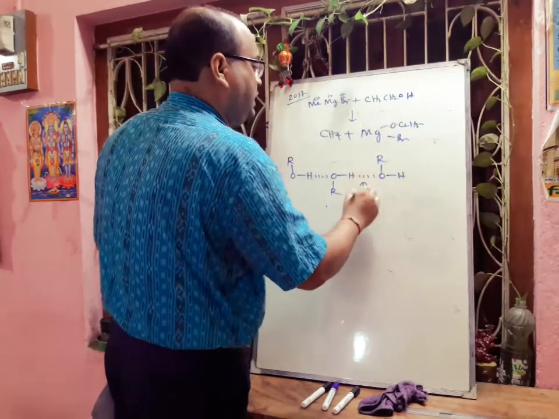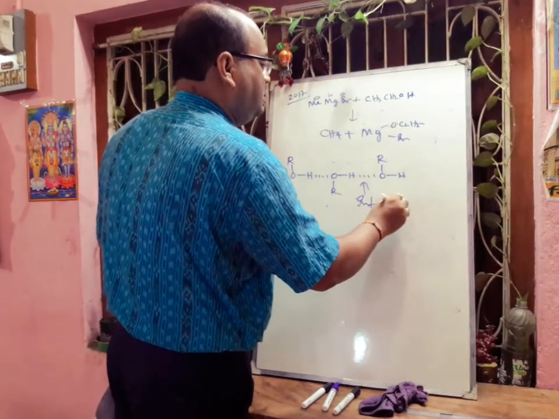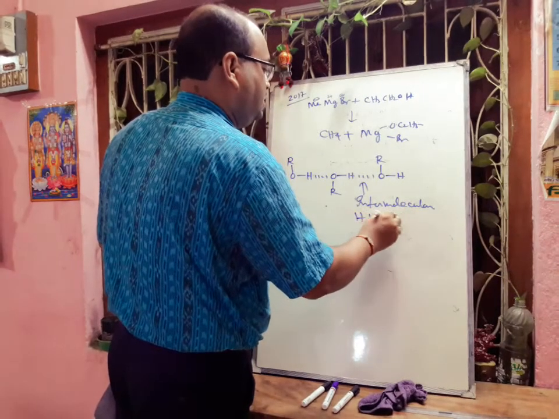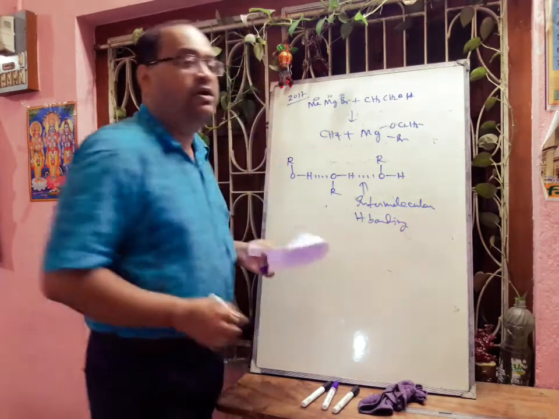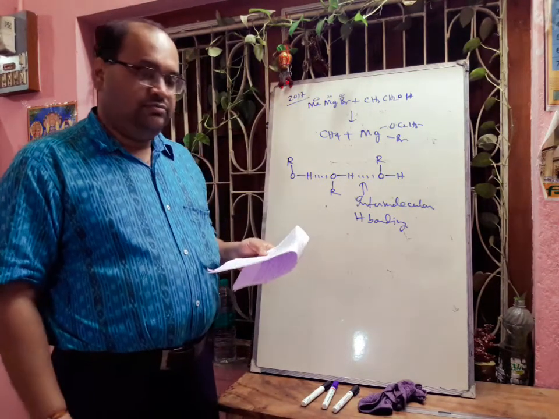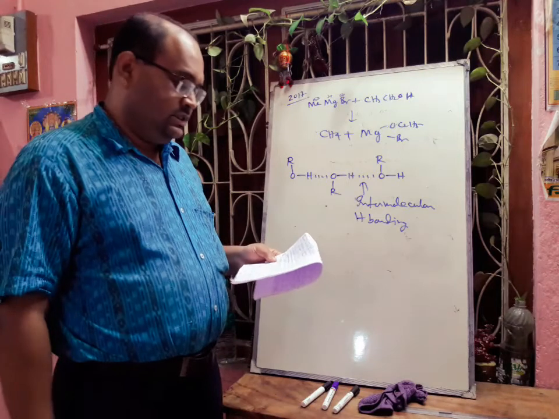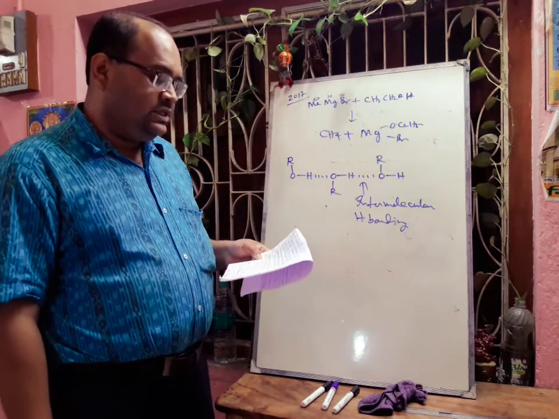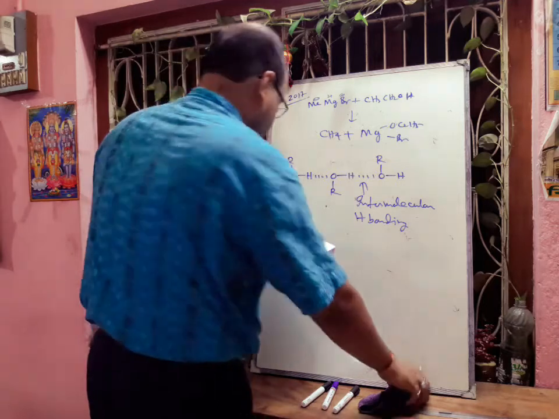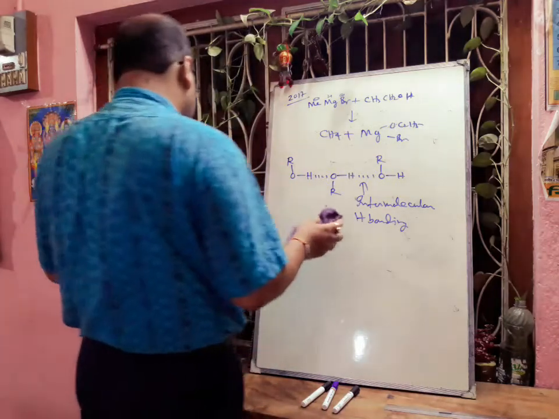So because of this intermolecular hydrogen bonding, the boiling point of alcohol will be higher compared to alkanes of the same molecular weight. Next question is given: give a balanced equation for the following reaction. That is the Williamson synthesis.